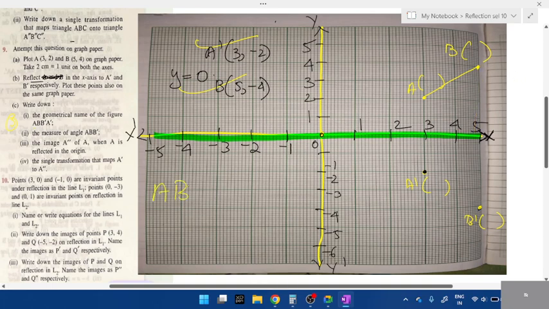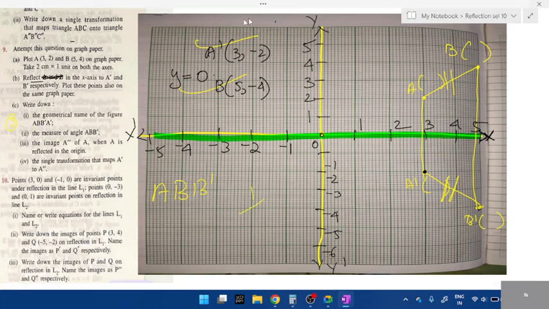Look here, A, B. After B, we have B dash. Like this. Okay. Those who don't know the figure names, I'll explain tomorrow. This is a trapezium. These two sides are equal. In a trapezium, if any two sides are equal, we call it an isosceles trapezium. Okay, just ignore that. I'll teach tomorrow.